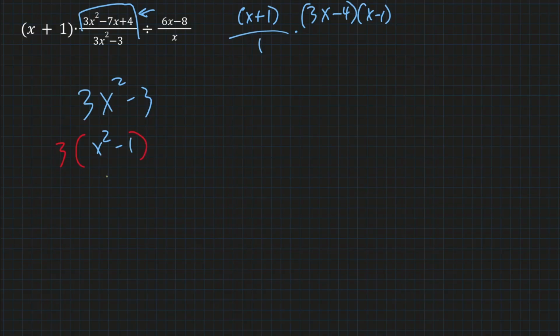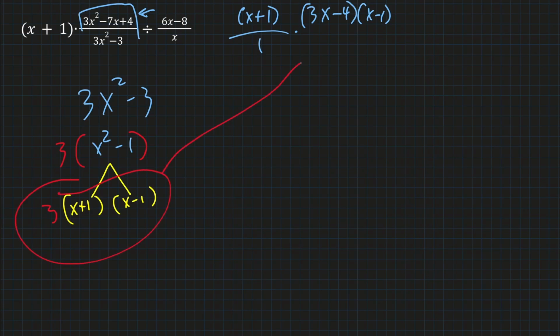This is a difference of squares, so it can be expanded into x plus 1 times x minus 1. And don't forget to bring down the 3. From here, we're going to plug all of this into the denominator here, so over 3 times x plus 1 times x minus 1.